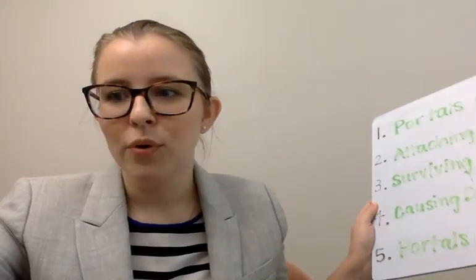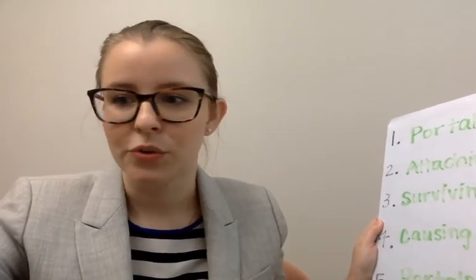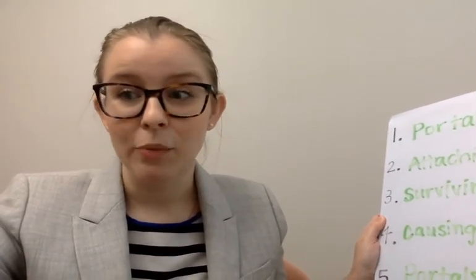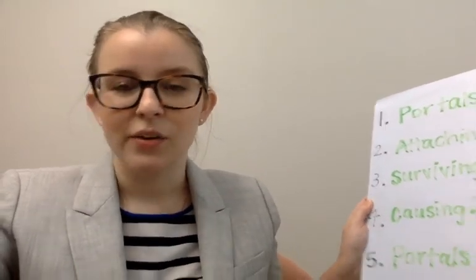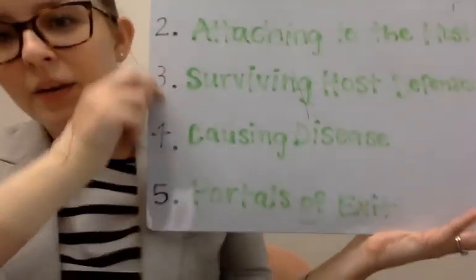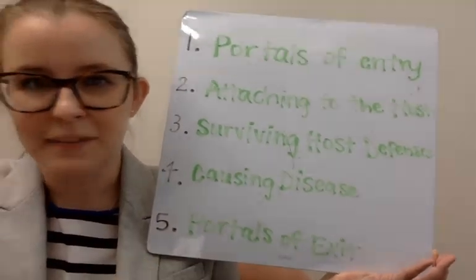But now let's talk about the last step, which is step 5, and that's going to be when we reach our portals of exit. So portals of exit refers to the microbe actually vacating the host. This can happen in multiple routes, but this is going to be termed our portals of exit.